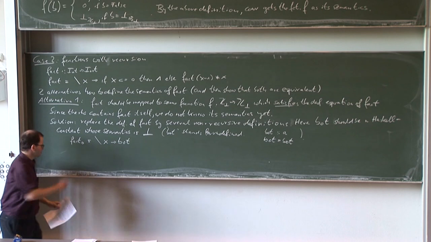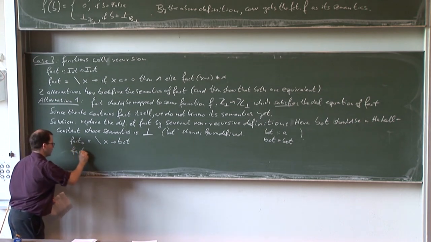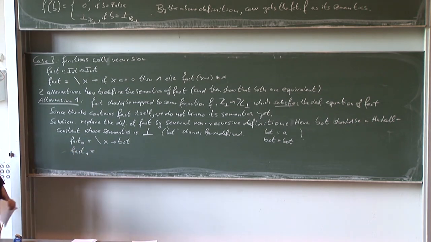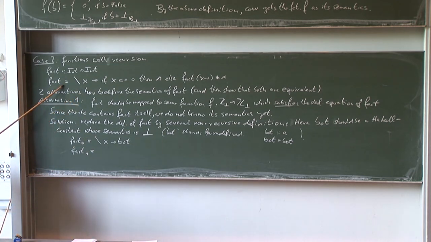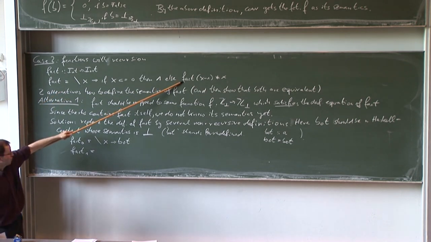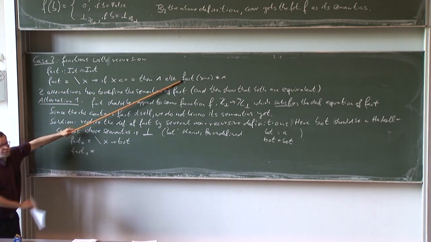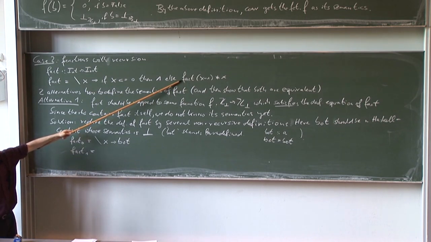Now, the next approximation is better. It is called fact1, and it is defined like the factorial function. So I copy this definition here. The only difference is I don't want recursive calls. So fact1 will not call itself recursively, but instead of writing fact1 here, I will write fact0.